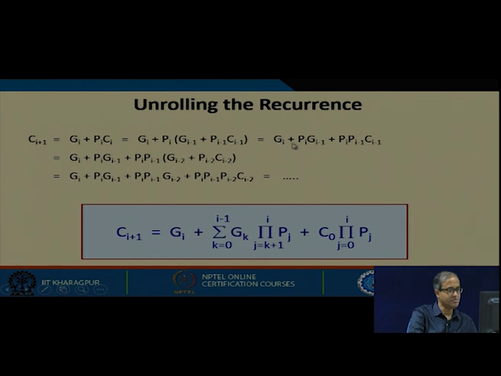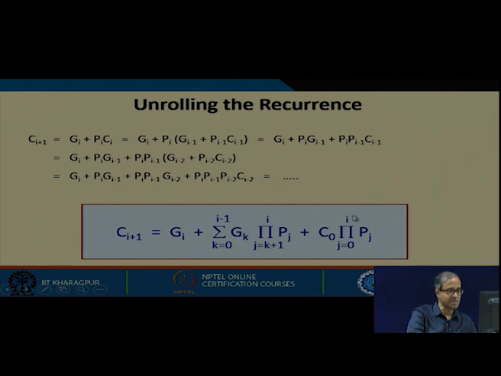Multiply them out, it becomes like this. Again I have a Ci minus 1, expand this Ci minus 1 as gi minus 2 plus pi minus 2 Ci minus 2. Multiply them out. You continue this multiplication process till you reach C0. So, in the last term where there is C0, you will have the product of all the pi's.